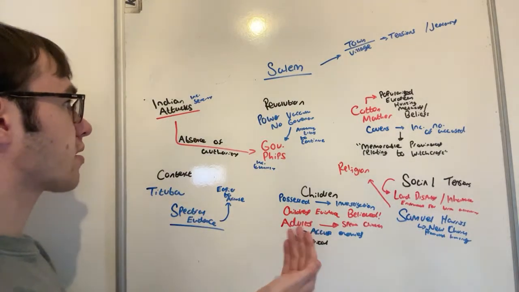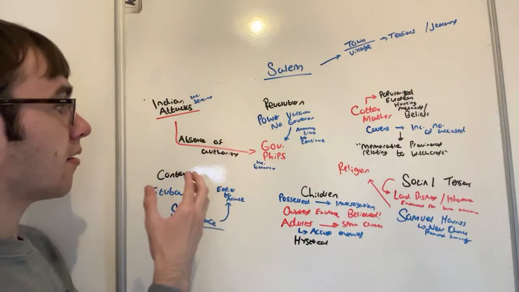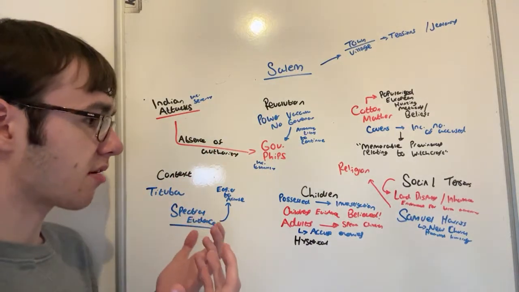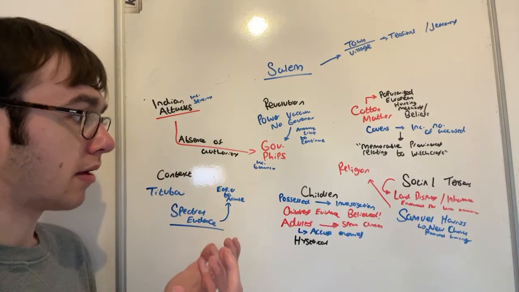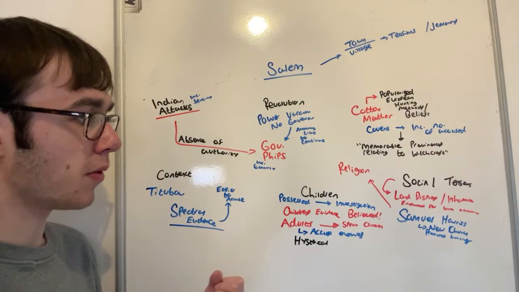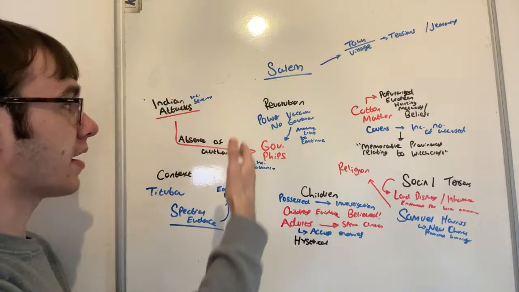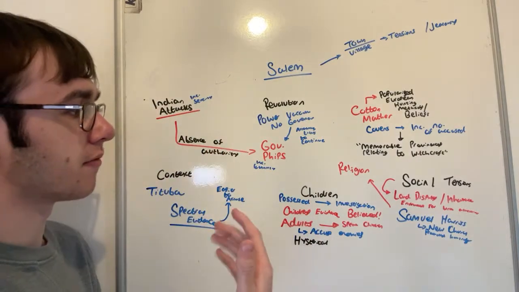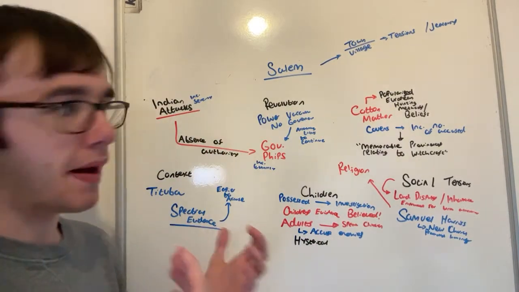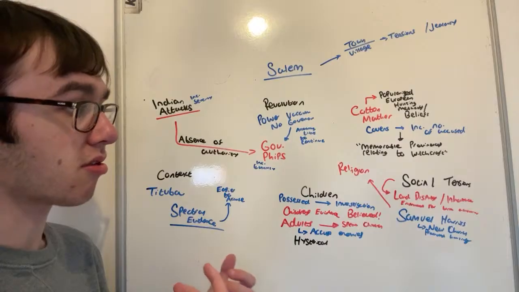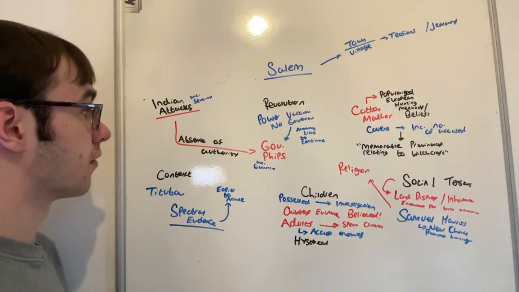Another bit of context, the Indian attacks. Obviously, the Indian attacks are going to make people fear for their lives, but also fear for the colony's lives. Because of that, it's going to increase the severity of the hunt. I mean, when everyone's panicking, it's going to be a lot easier to pick on people.